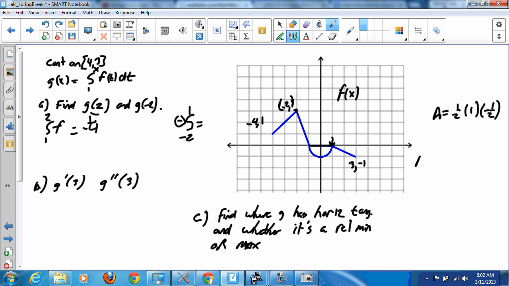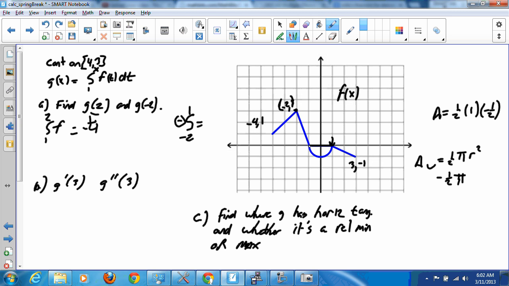So for the semicircle, the area is 1/2 pi r squared, and the radius of this is 1. So we have 1/2 of pi. It's negative. Radius squared is 1, so negative 1/2 pi is this area here.